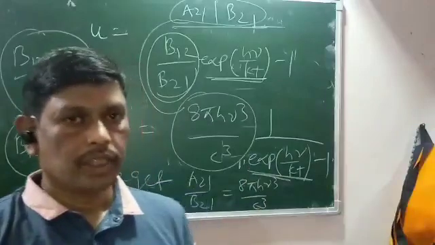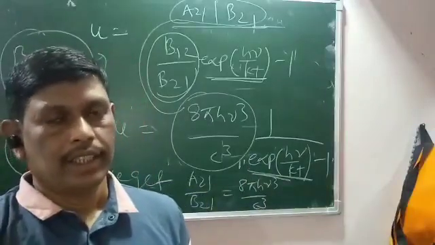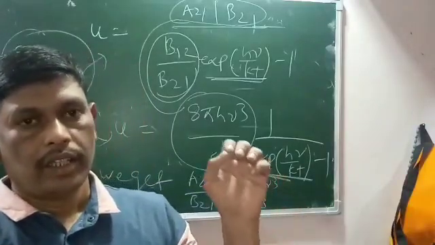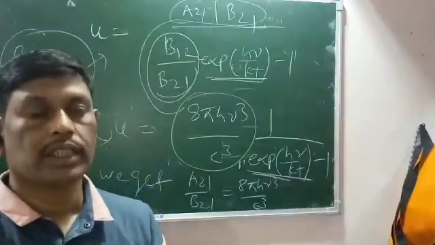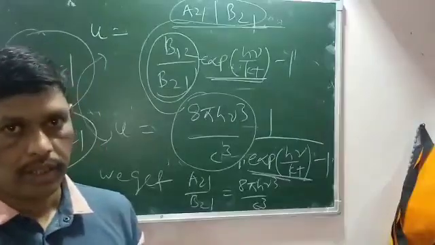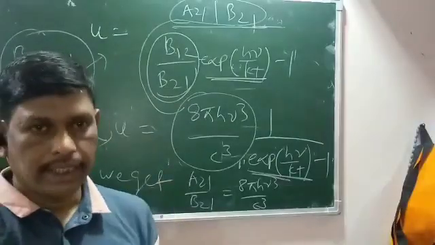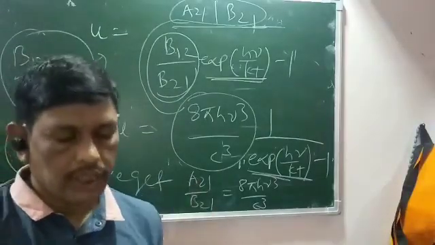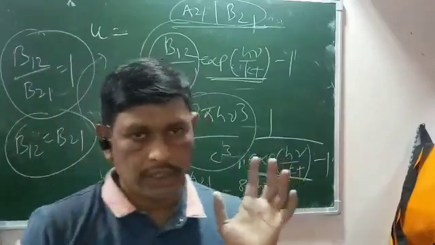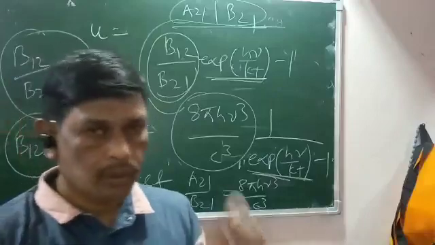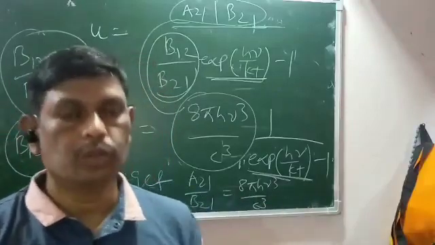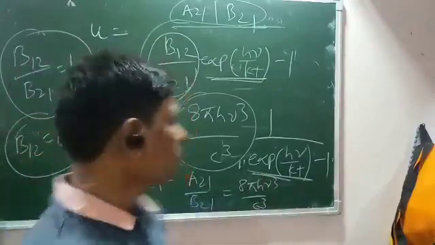That indicates the absorption process is called the stimulated absorption. So in the laser action, not only is the stimulated emission enhanced, but the process of absorption can also be enhanced.